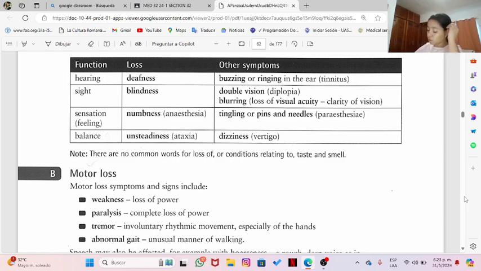Balance: unsteadiness, ataxia, dizziness, vertigo. Note: there are no common words for loss of or conditions relating to taste and smell.